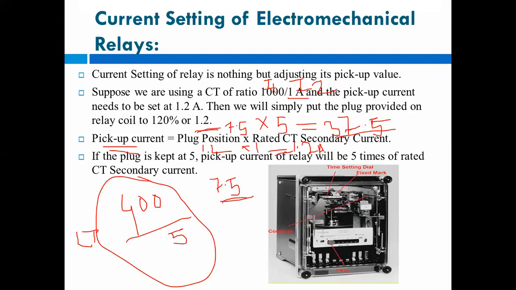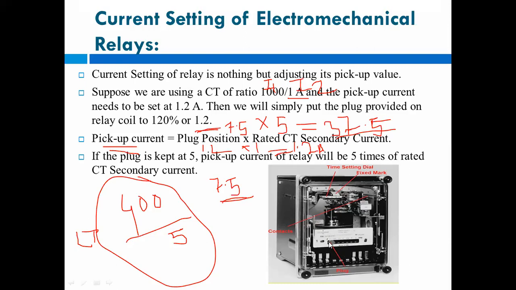Now, current setting of electromechanical relays. The current setting of a relay is nothing but adjusting its pickup value. Okay, what we are doing here, we have already seen this and performed the practical also, right?